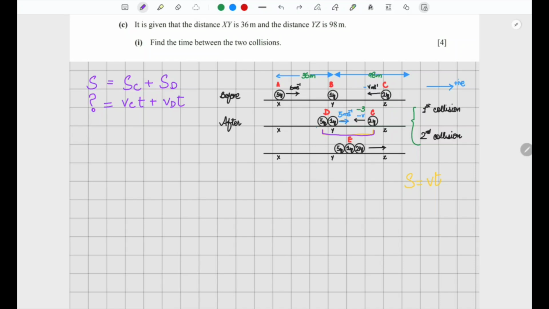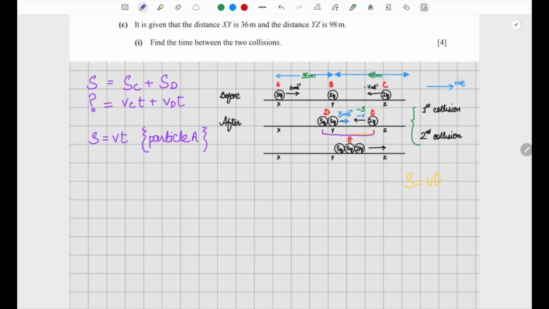You will be finding out s equals to vt, applying it on particle A. What is particle A doing?